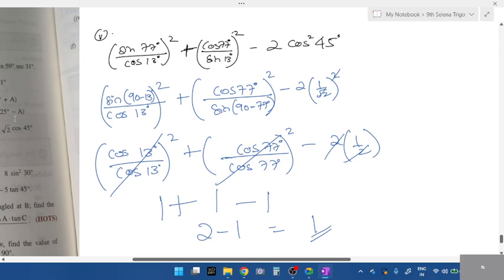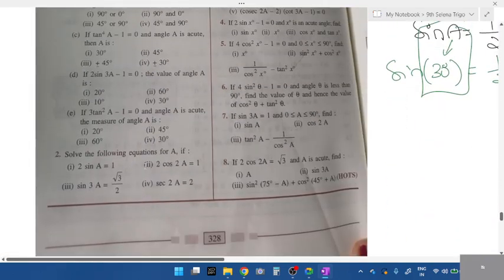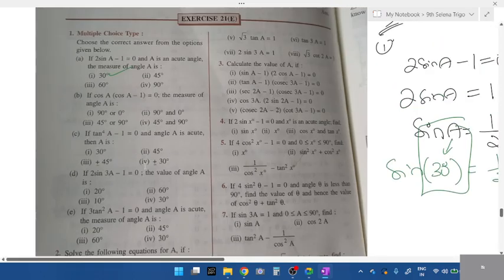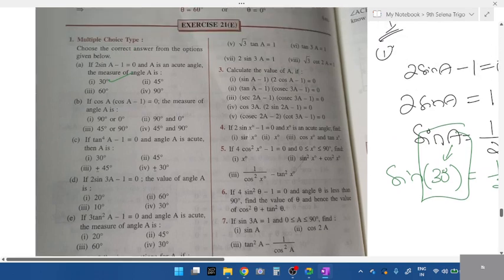Fine. Okay. Third one, everything. I thought 21E they won't make you solve. Fine, we'll do it. After we complete 21F, we'll do 21E.